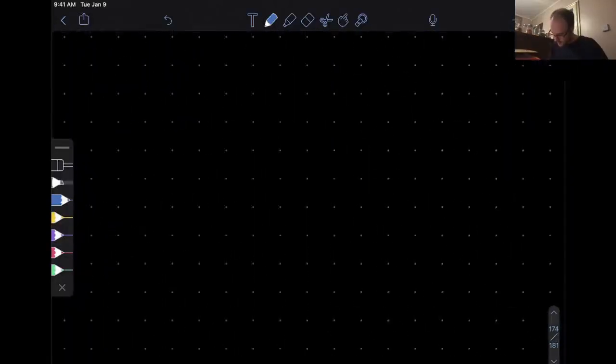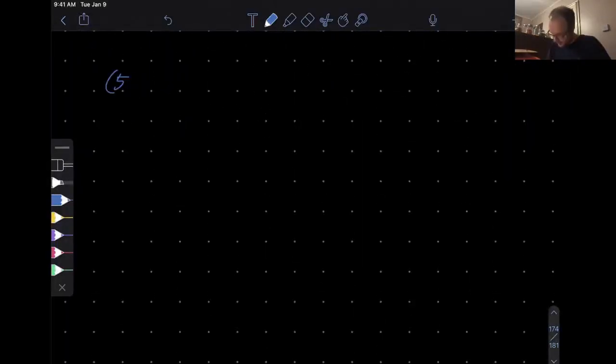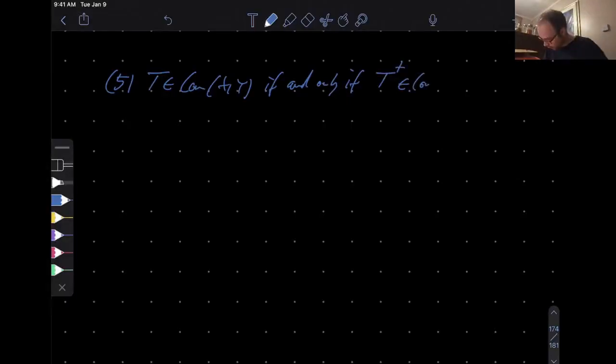And then the last one, sometimes this is a theorem stated by itself. I will include it here on the properties. T is compact if and only if its dual is compact. So the dual goes between the dual spaces, but in reversed order.